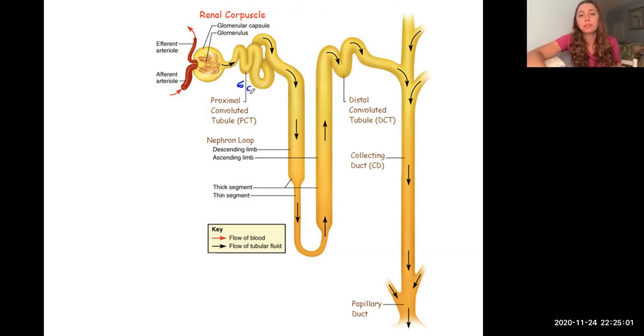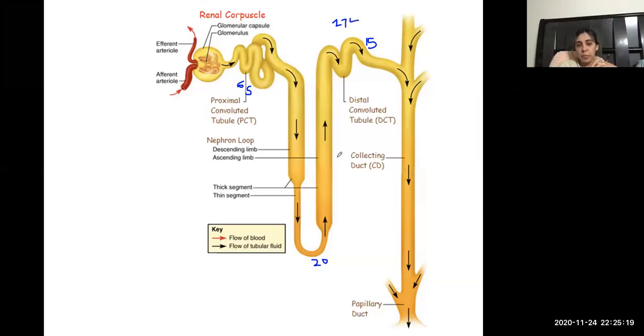You got 65% here, 20% here, and then whatever's left here, I don't know, about 15%. Both 20 of them, it's going to be 85%, and that's unregulated by hormones. It cannot be regulated. The only one that could be regulated is the rest, and it's regulated only by your needs and your state of hydration.